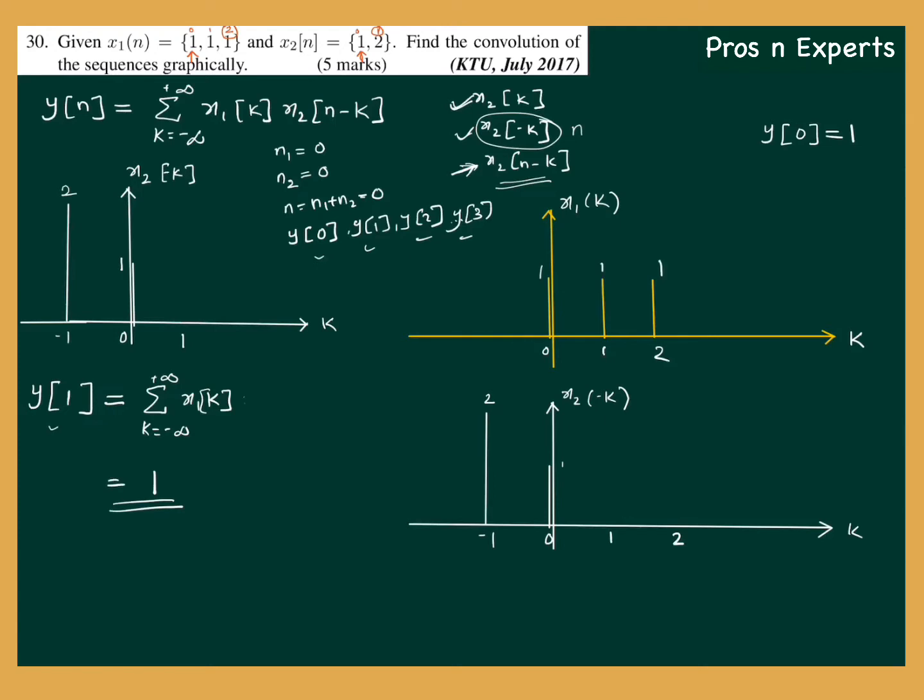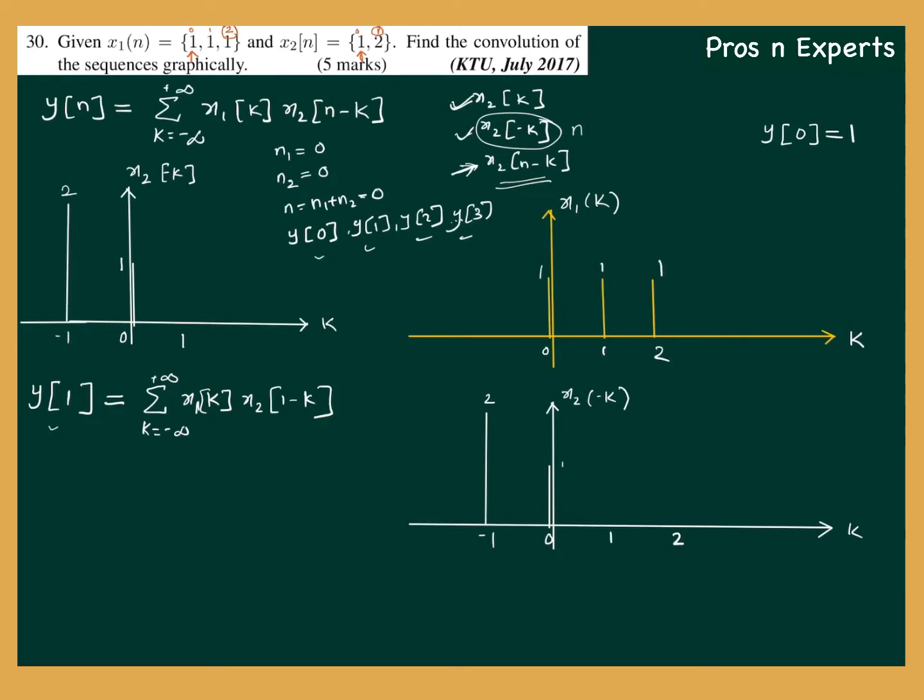So y of 1 is equal to sigma k equal to minus infinity to infinity x1 of k into x2 of 1 minus k. This equation clearly asks us to find x1 of k multiplied by x2 of 1 minus k. For that, x1 of k is with us, right here. And x2 of 1 minus k is not with us, but we can derive it.